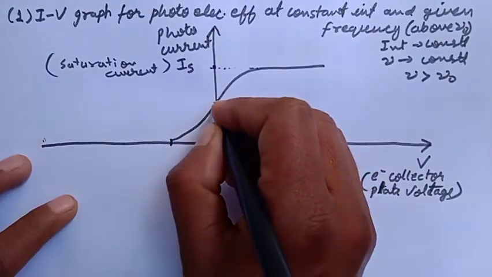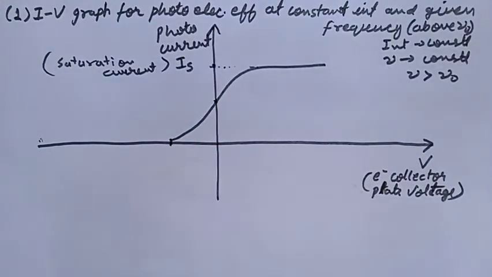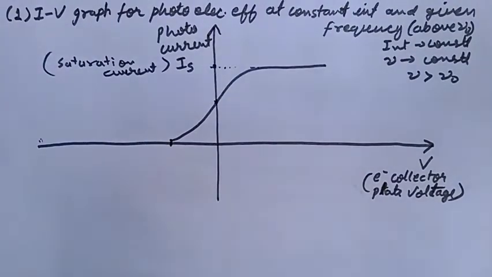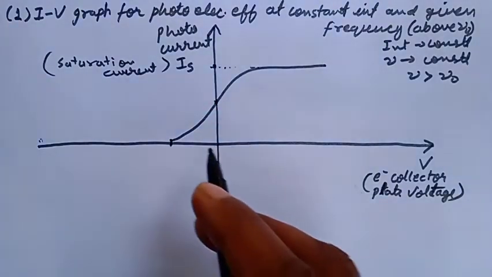There is another point at 0 voltage where there is some current. We can call it short circuit current, but we generally don't make any comment on this current.